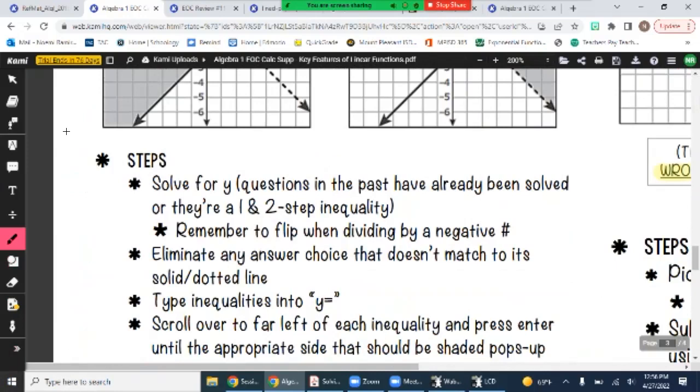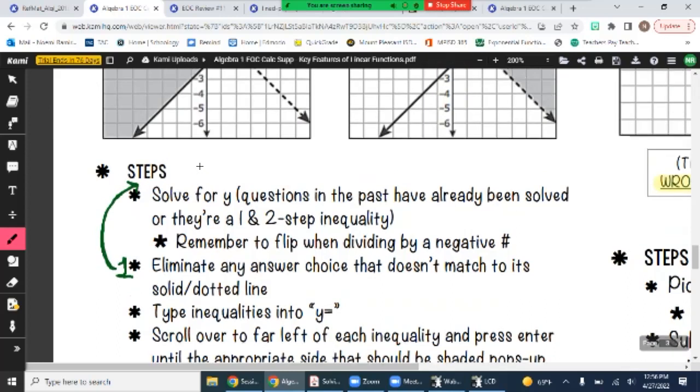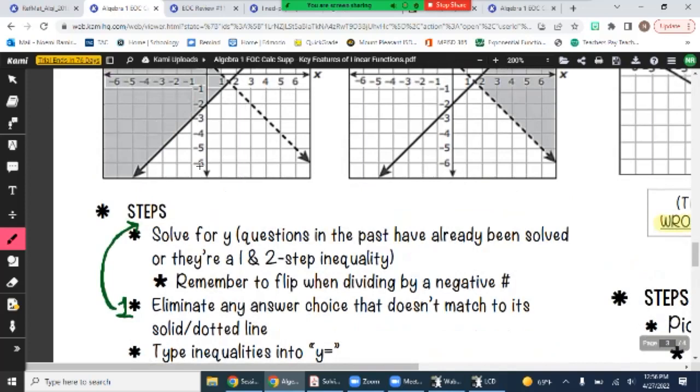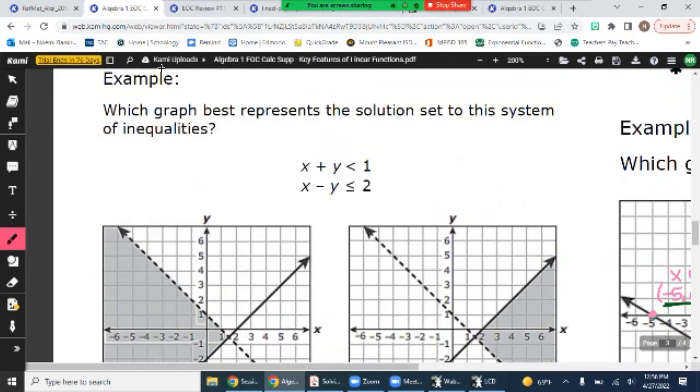First, I put this step in the wrong order. This should be your very first step: eliminate any answer choice that doesn't match to a solid or dotted line. Okay, so that first equation represents a what?